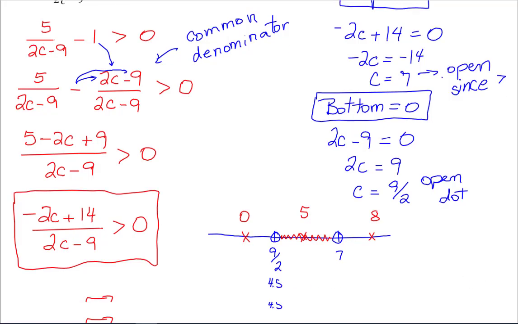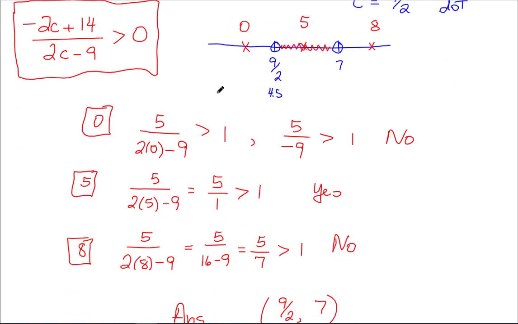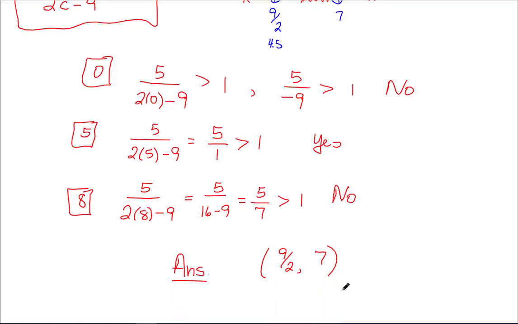So when I pick my values to try, I can pick 0, 5, and 8. Plugging them back into the original, I see the first one, no. Second one, yes, 5 is bigger than 1. That's true. And when I try the 8, is 5/7 bigger than 1? That answer is no. And so we get as a final answer 9/2 up to 7.